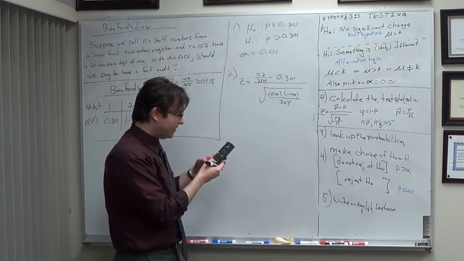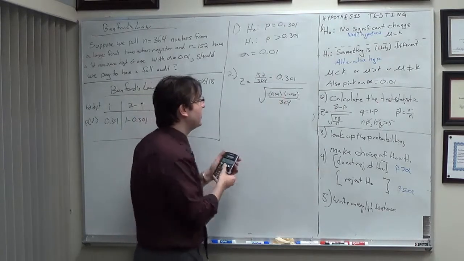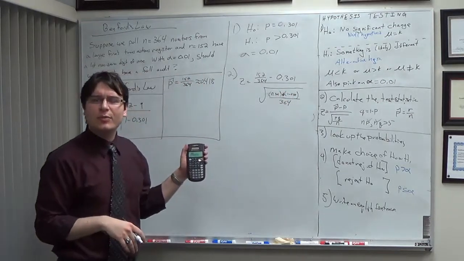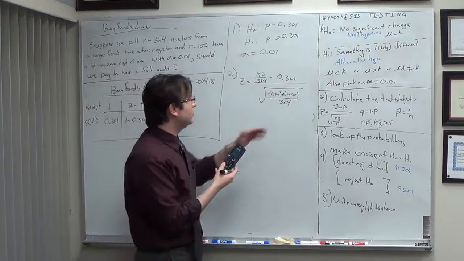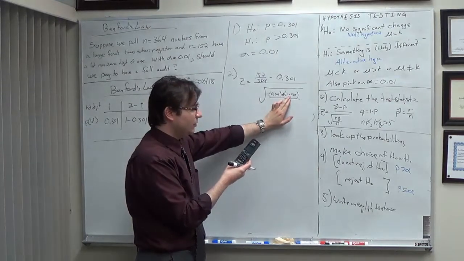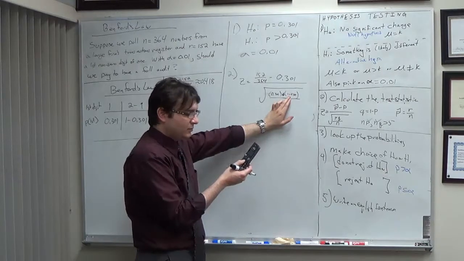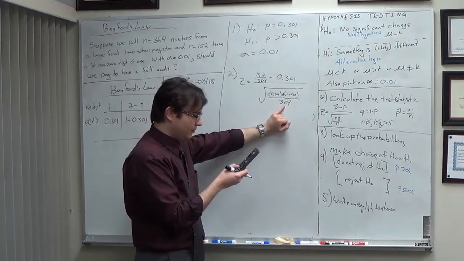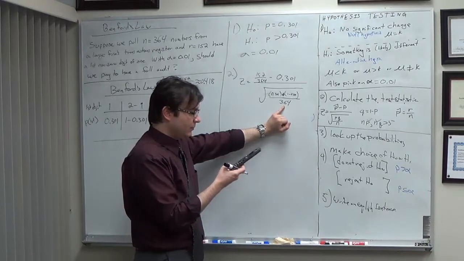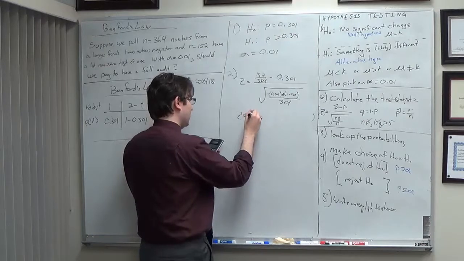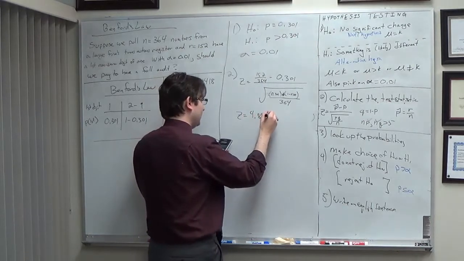I'm going to put a times, and then open parentheses, so I'm going to add in my calculator times button. I don't know if our calculator does that times button or not. Some do, some don't. Who knows? Parens, and then I'm going to do 1 minus 0.301. I could have calculated that out, but it's just as easy to put parens in there. And then 364. And I'm getting a z-score of 4.849.